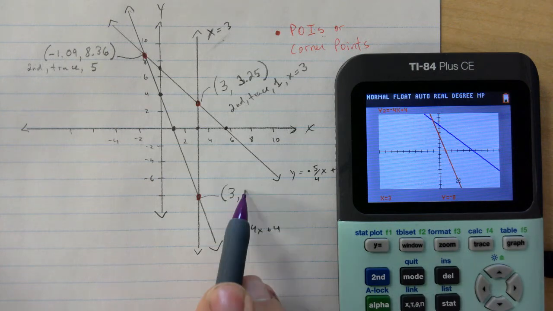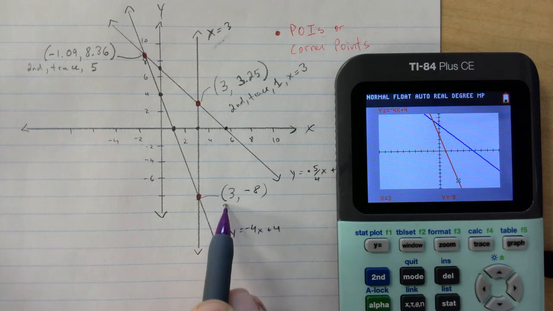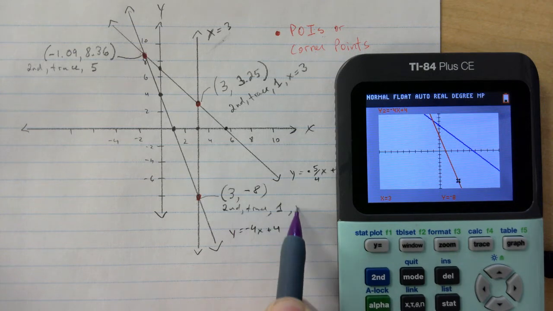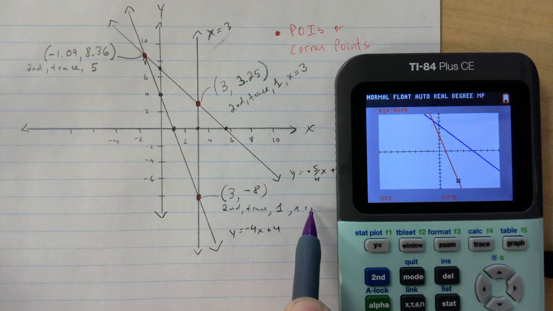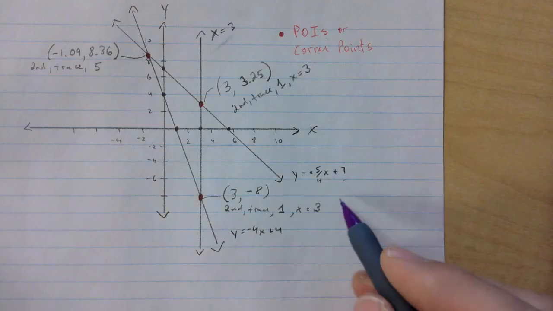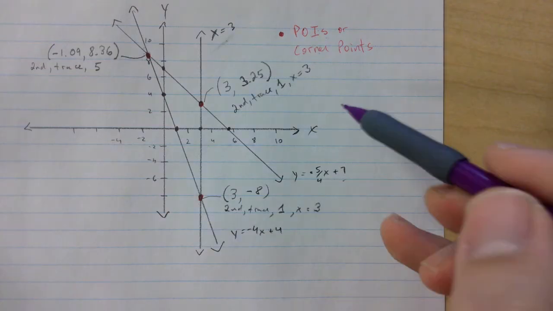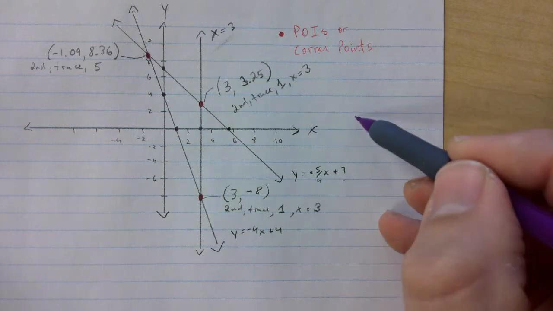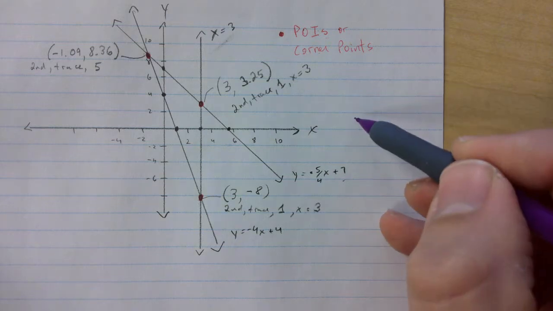You go second trace 1, x is equal to 3, right? Maybe what I will do, I don't have this on my original notes, but I'll try something like this.